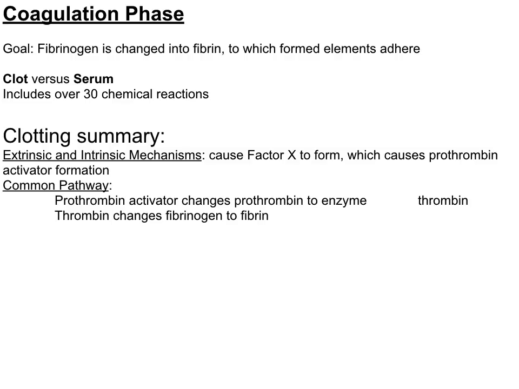So the goal of your extrinsic and intrinsic mechanisms is to form factor 10 and then have factor 10 cause the formation of prothrombin activator. Once you have prothrombin activator, you now enter the third and final component of coagulation, and that is the common pathway.